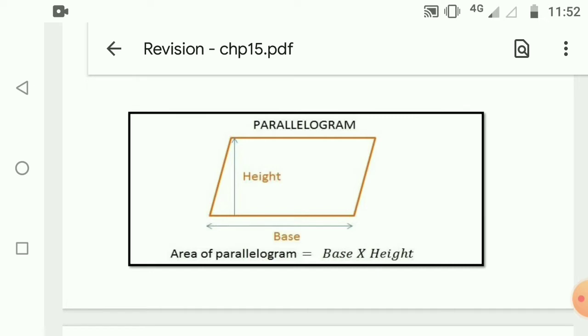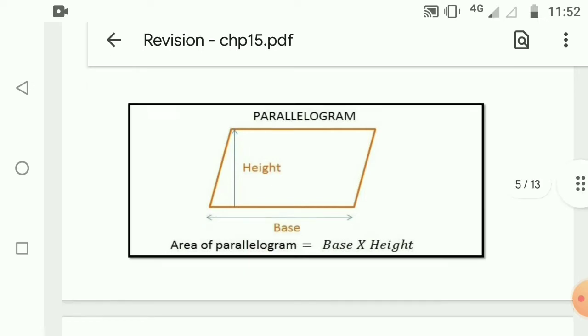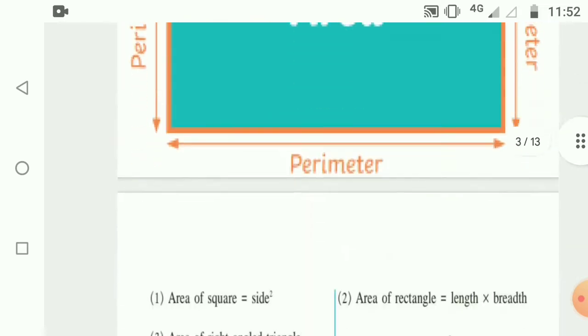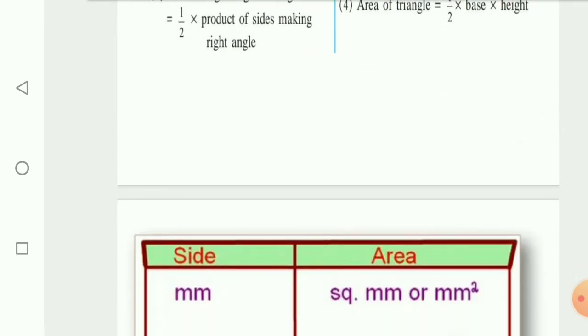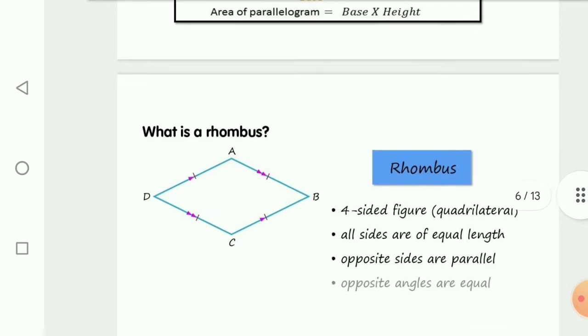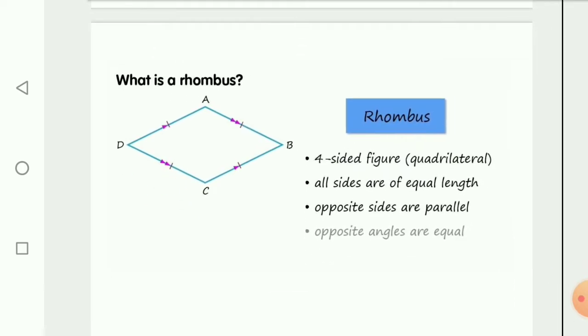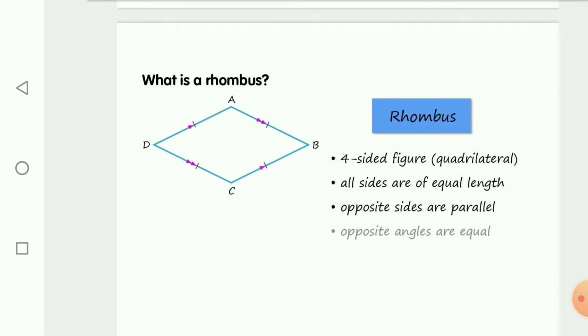Based on this, a few questions will be there, so accordingly you will solve using the formula. Now the next one is rhombus. What do you mean by rhombus? You have already studied in the quadrilateral chapter, correct? So rhombus is a four-sided figure and it is a quadrilateral.